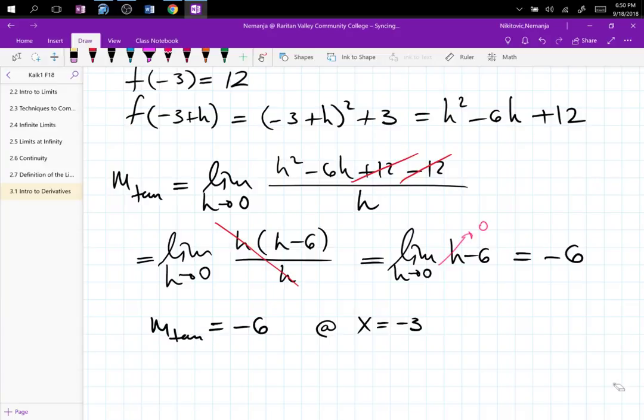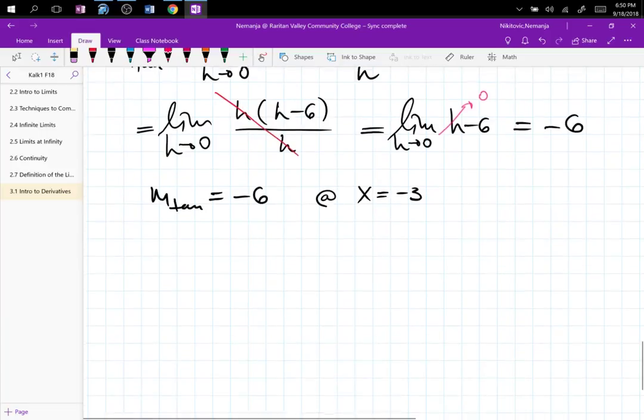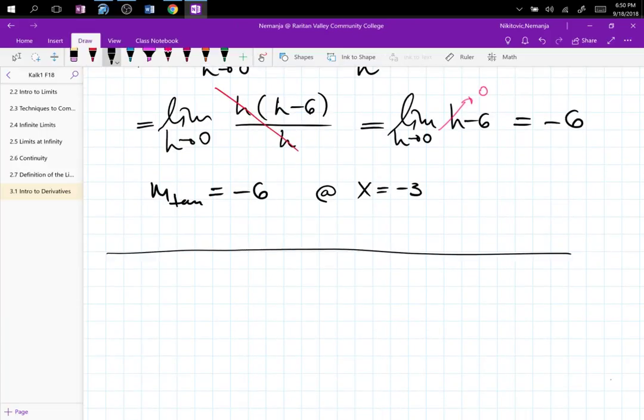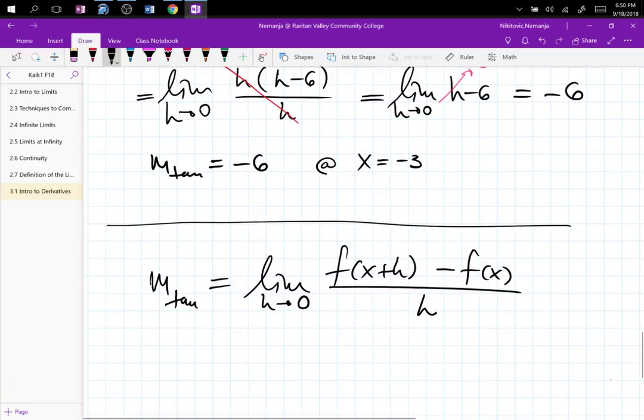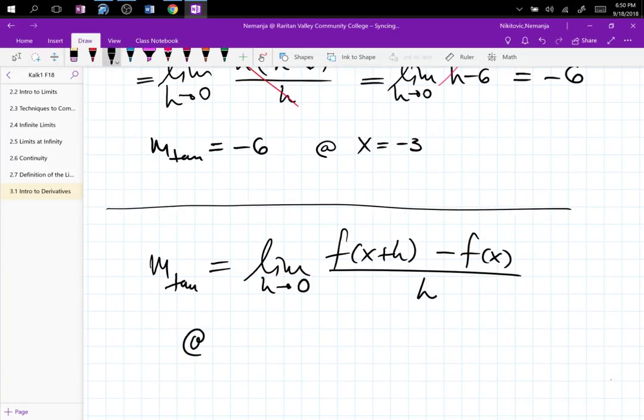So let's try to be more efficient and define the slope of the tangent line by using the limit where h goes to 0 of f of x plus h minus f of x over h, at x equals a at the end.